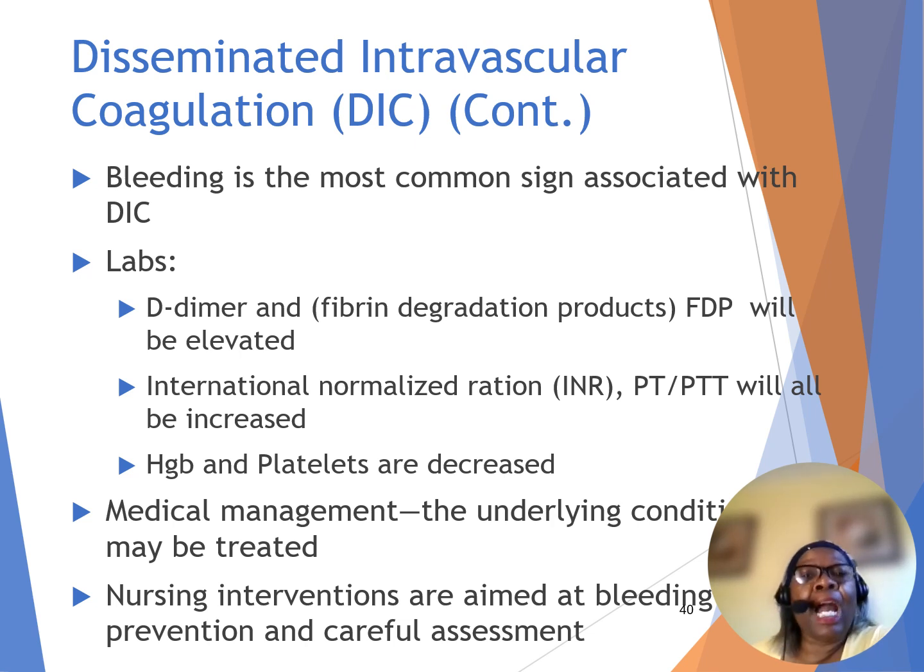Hemoglobin and platelets are going to be decreased. So again, medical management is treat the underlying condition. If that's the placenta coming apart, if it's sepsis, whatever the condition is, that's what you need to treat to stop this from happening. Nursing interventions are aimed at bleeding prevention and careful assessment.